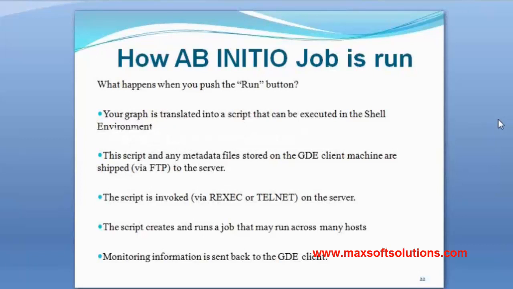Normally in your earlier versions, after you click the run button, the GDE converts your MP file into a KSH file. The graph will be deployed as a script, and that script will be shipped to your cooperating system. The cooperating system executes the script on your Unix machine and returns the results back.